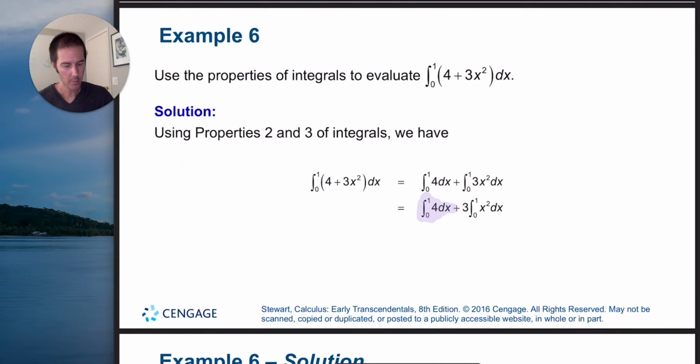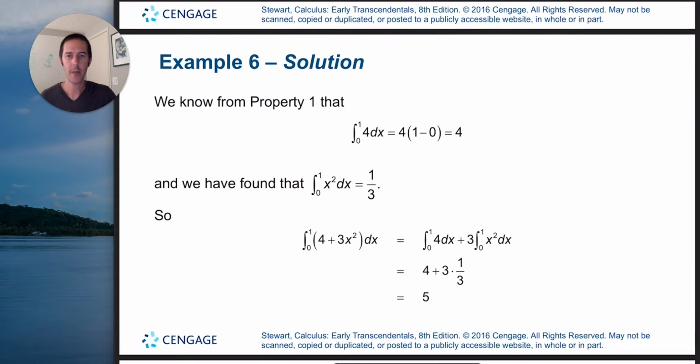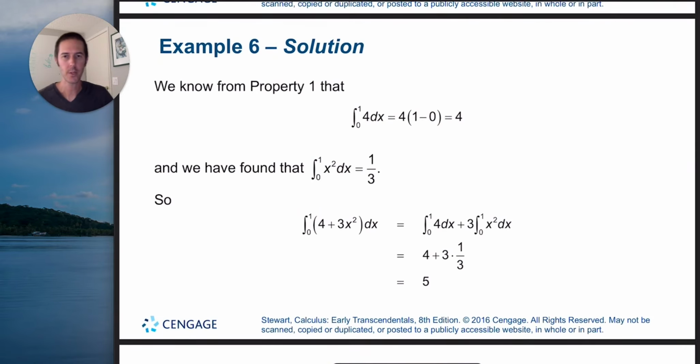And here, this is a bit of a throwback. We're integrating x squared from 0 to 1, and on the next slide we're reminded that in the previous section, we evaluated this and it turned out to be 1/3.